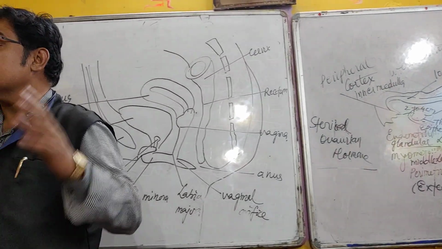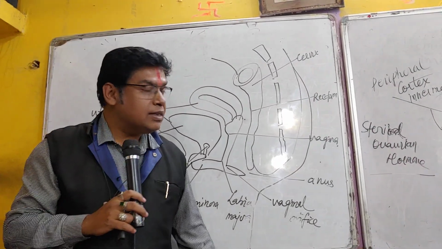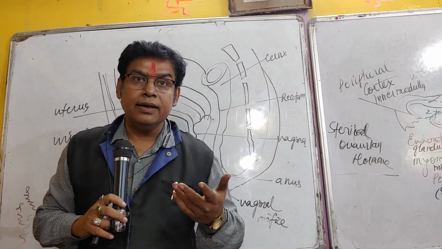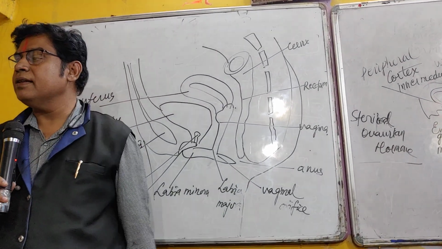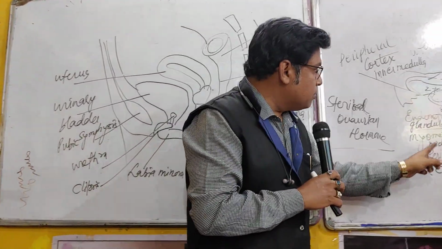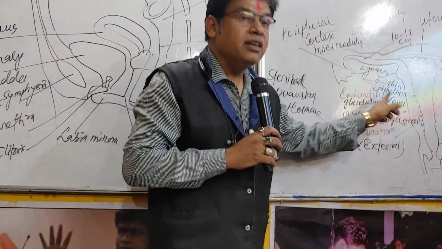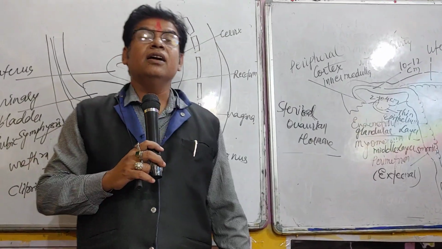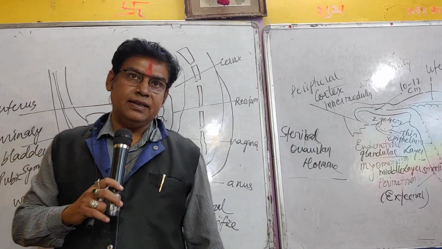After this, if we look at one more thing, when periods happen, as I already told you, you will find that the endometrium, this inner glandular layer, undergoes cyclic changes.